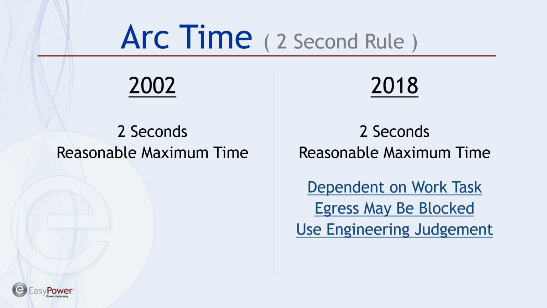Now, it's recommended that we take into account and consider using engineering judgment based upon the type of work that's being done and the potential for any egress of an operator to be blocked while in the area. So again, there's still the ability, based upon this verbiage, to limit calculations to 2 seconds if they seem to be excessively high due to long trip times of the protective devices.